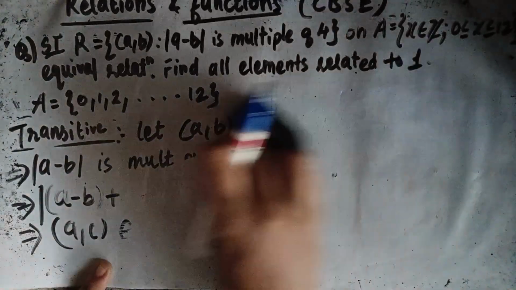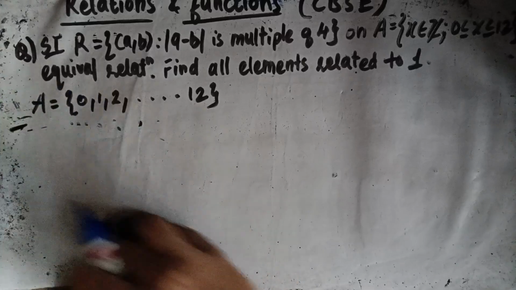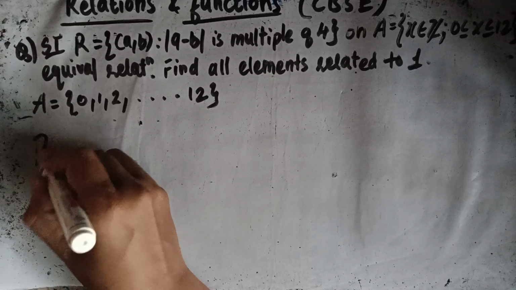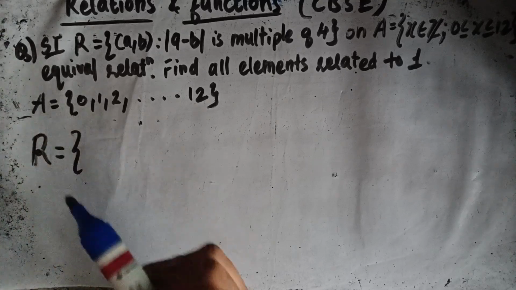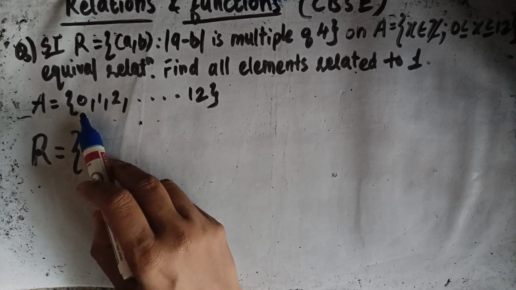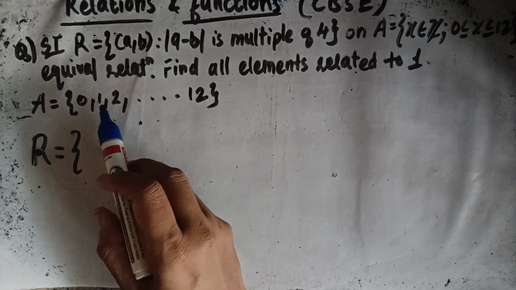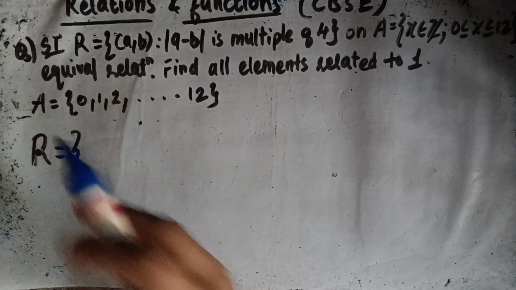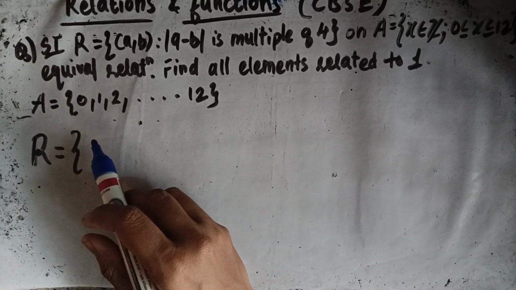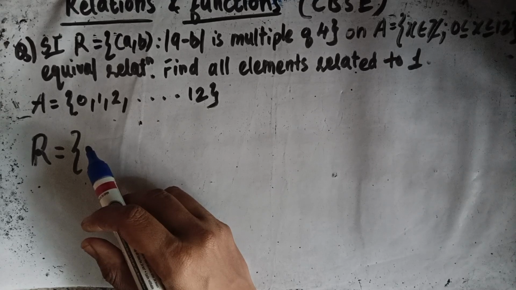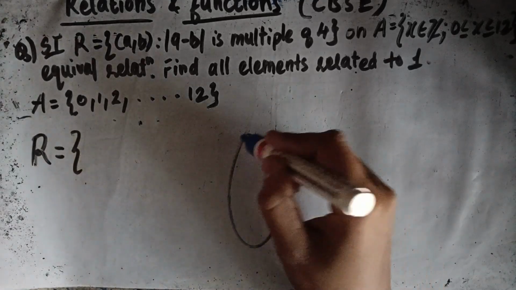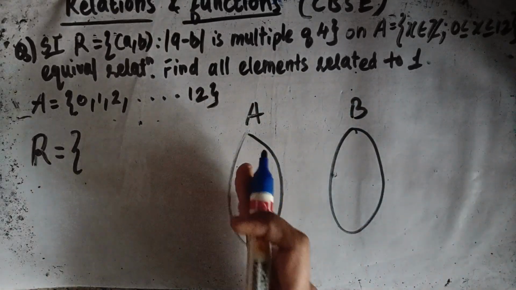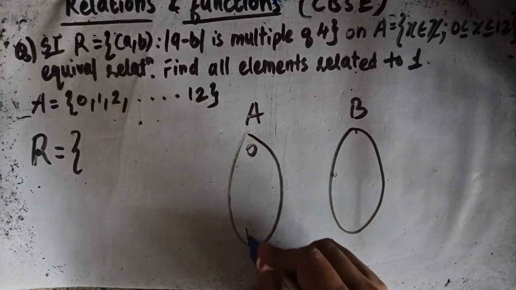Now there is one more sub question, that is, you have to find all the elements related to 1. To find this you have to write your relation set. You have to take each element, say 0, or you can start from 1 also. Here you have domain and codomain, and both the sets have the same elements, that is 0 to 12.